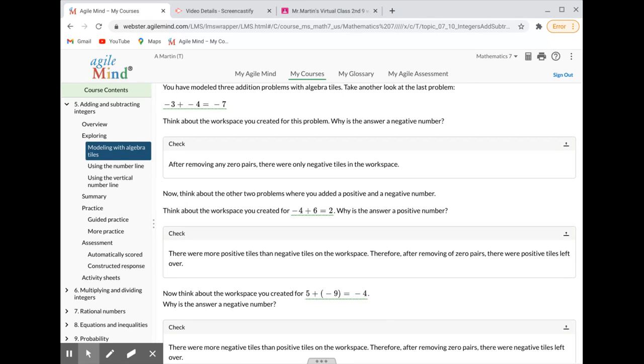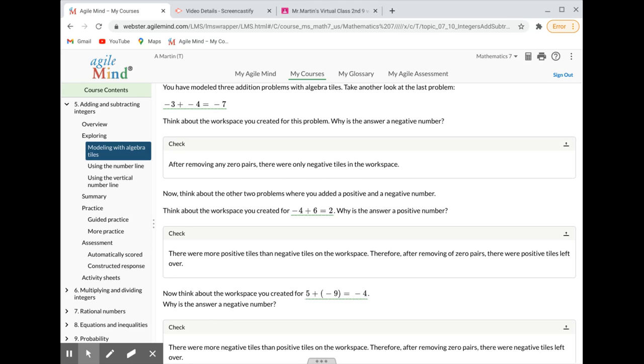Okay. You have modeled 3 addition problems with algebra tiles. Take another look at the last problem. -3 plus -4 equals -7. Think about the workspace you created for this problem. Why is the answer a negative number? After removing any 0 pairs, there were only negative tiles in the workspace.